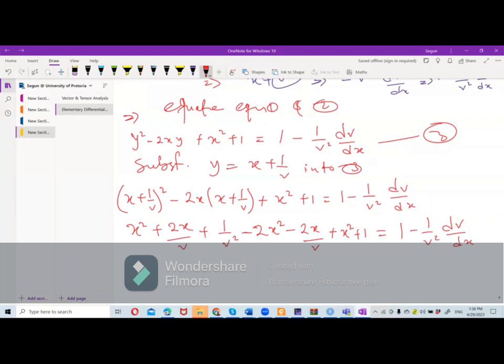Silence means no question. You agree with me that x squared plus x squared will give us 2x squared, and we have minus 2x squared here, so the two of them will cancel. This will go, this will go.